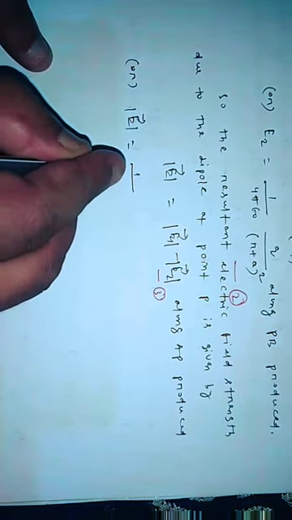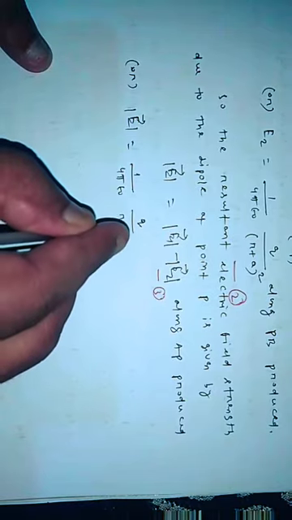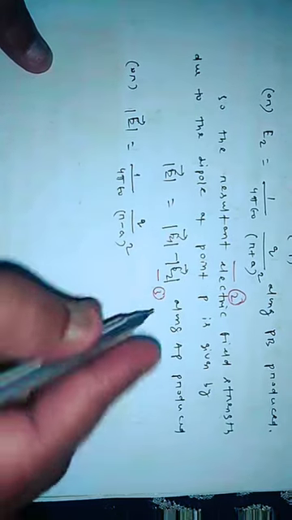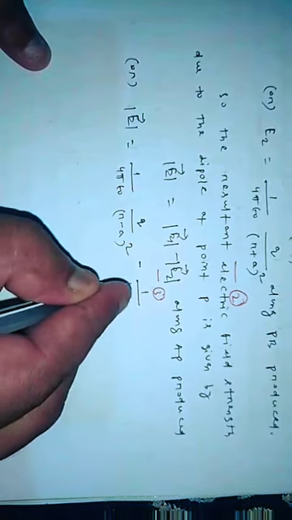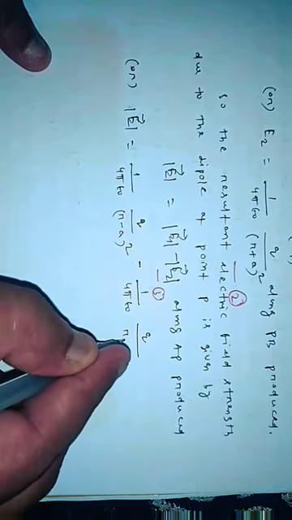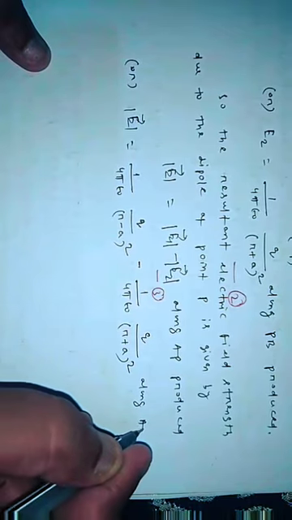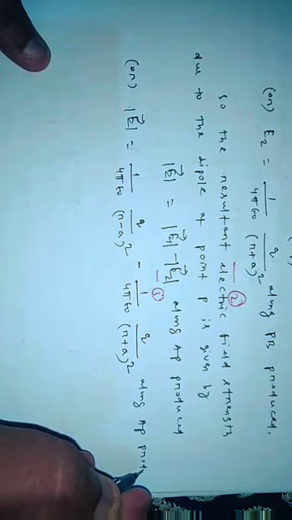Okay, so substituting equation 1 and 2 in equation 3 we get E equal to 1 by 4 pi epsilon 0 into Q by R minus A whole square minus 1 by 4 pi epsilon 0 into Q by R plus A whole square along AP produced.